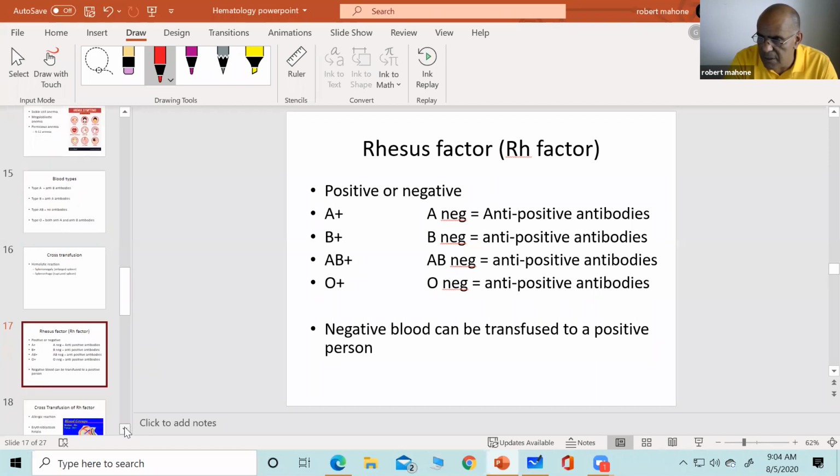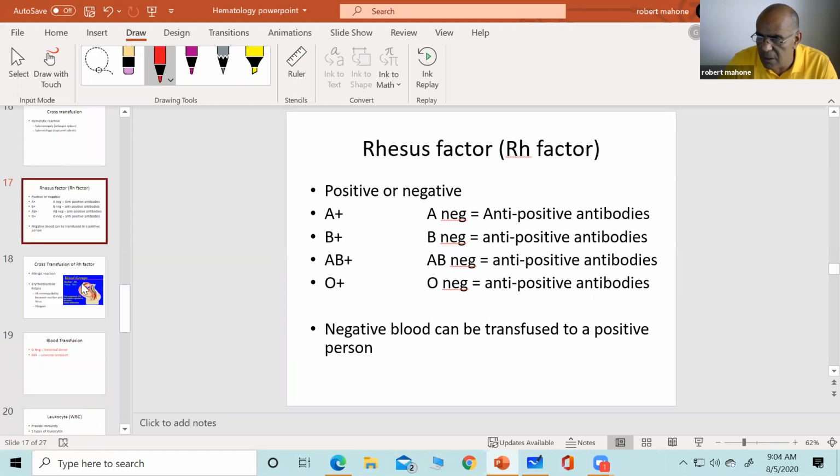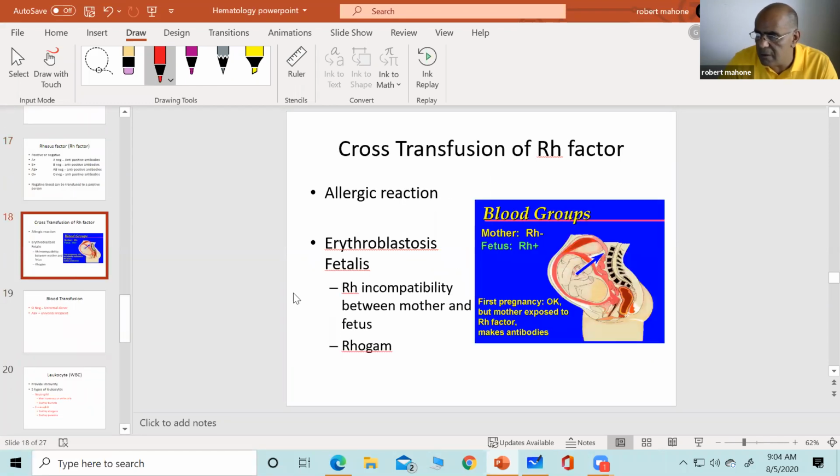And then, where do I want to go next? We'll go here. This is where it might get a little deep. Okay, now, blood types between the mother and the baby usually is not an issue.